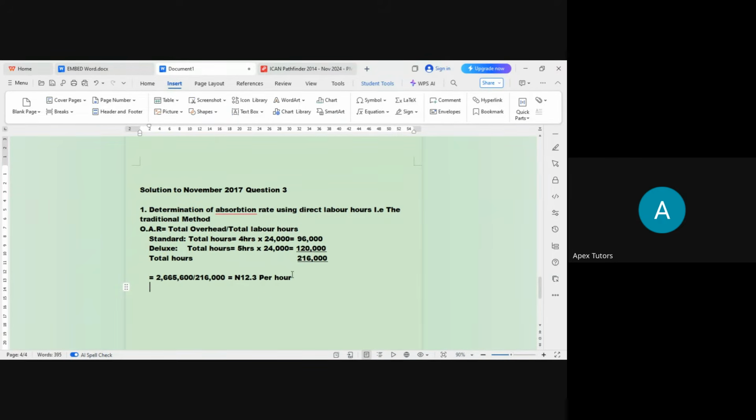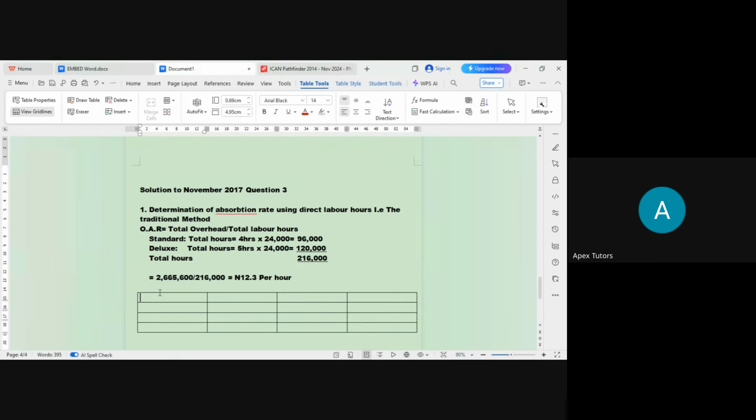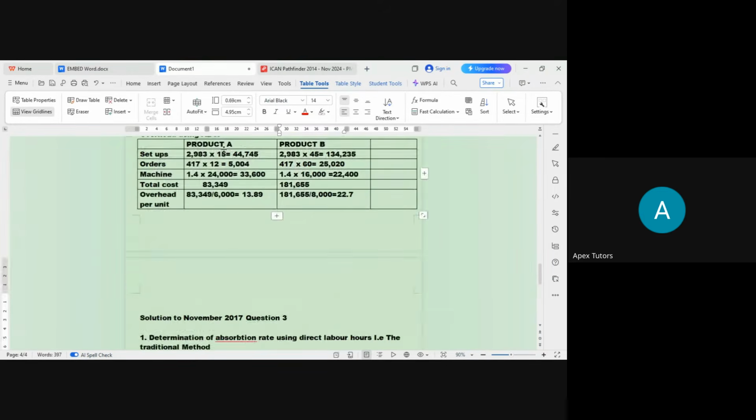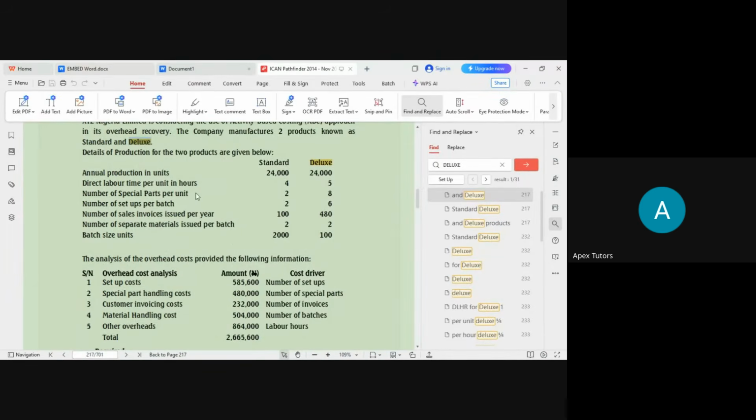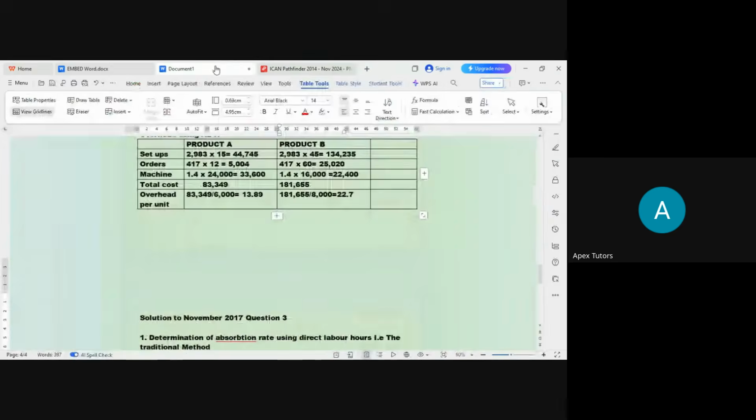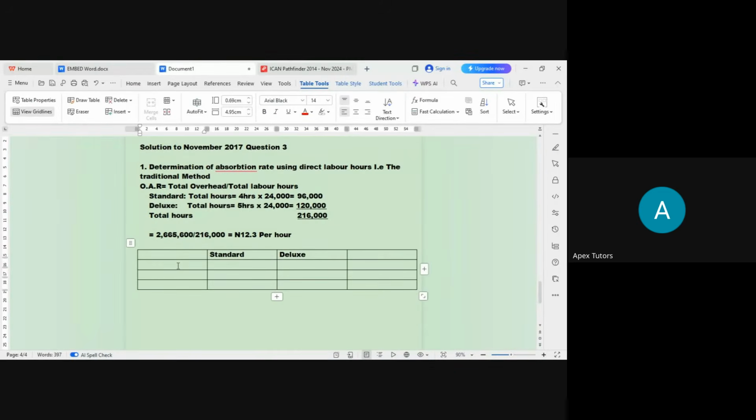I like to present this in the table. So we have standard, we have the loss. Now, the direct labor hours per unit in the question is what? Direct labor time per unit in hours, 4, 5, standard, the loss.